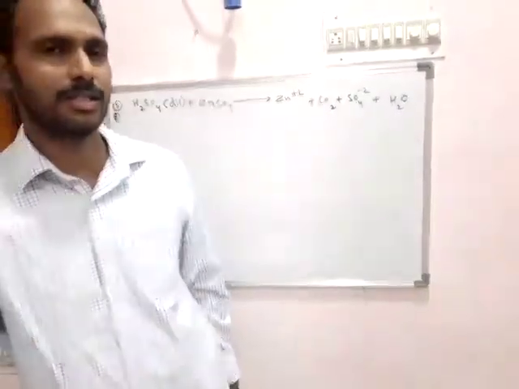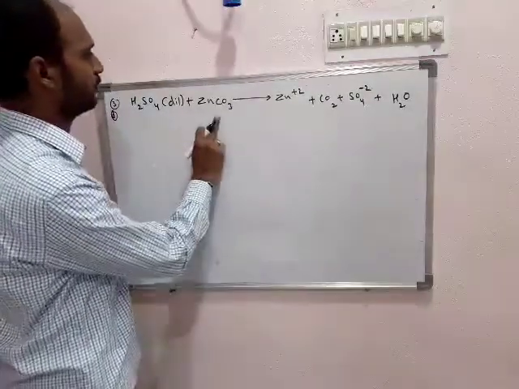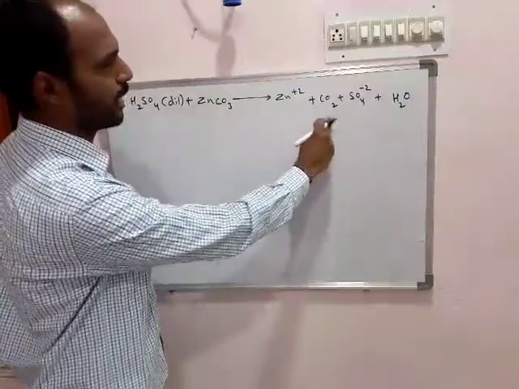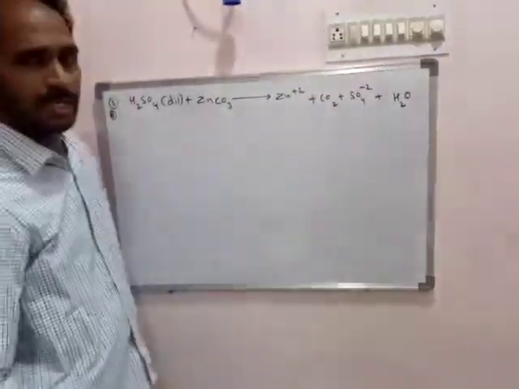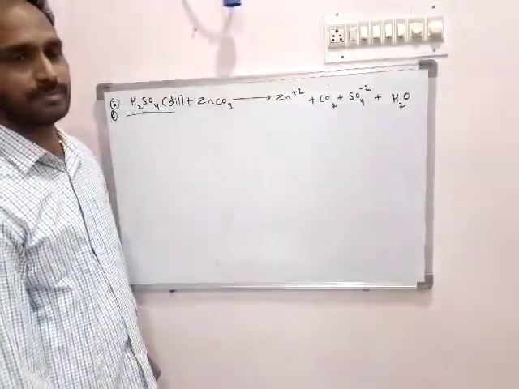So we see the other problem which is similar to the earlier one. Again, in this reaction, H2SO4 reacts with zinc carbonate forming Zn plus 2, CO2, SO4 minus 2 and H2O. Here also we need to find what is the behavior of H2SO4.